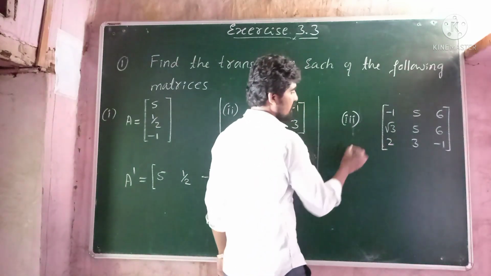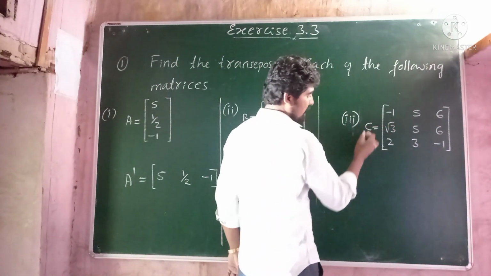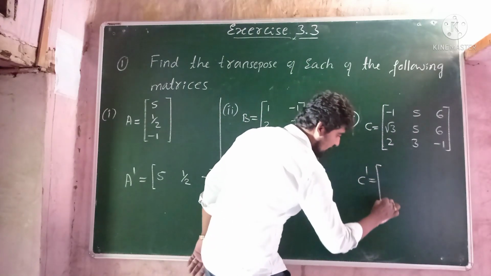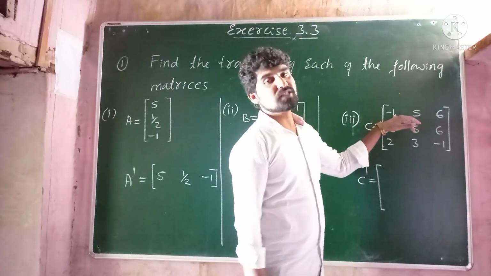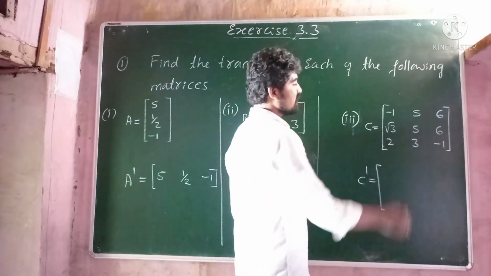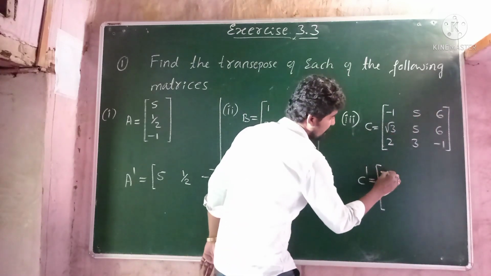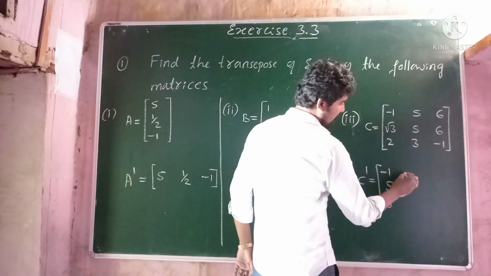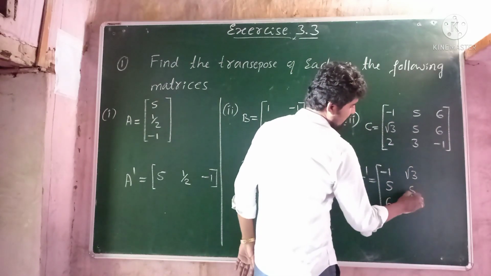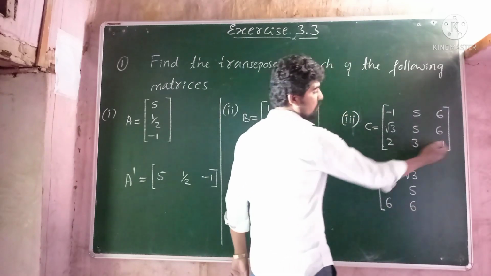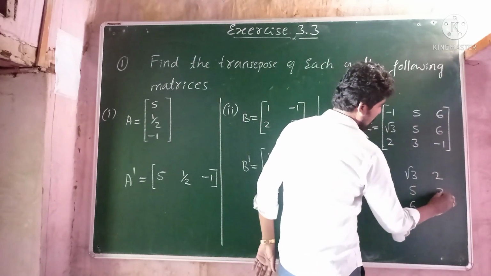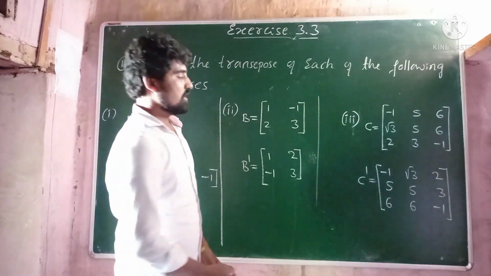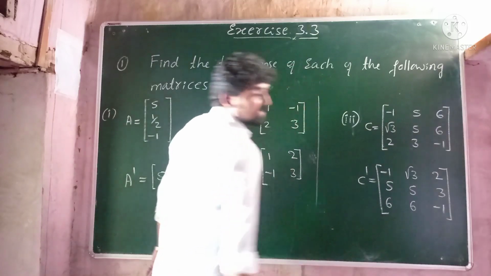And similarly, let us define this third matrix is C, and transpose of the matrix C is C dash, which is obtained by interchanging rows and columns of this matrix C. It means first row becomes first column: -1, 5, 6. Second row becomes second column: root 3, 5, 6. And third row becomes third column: 2, 3, -1. I hope all of you understood. If possible, take a note.